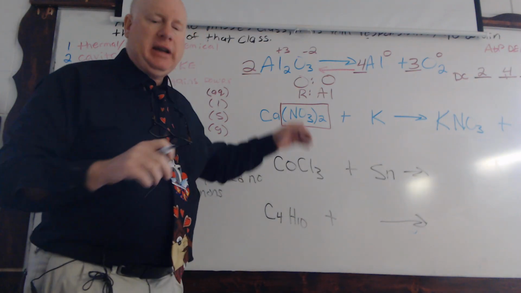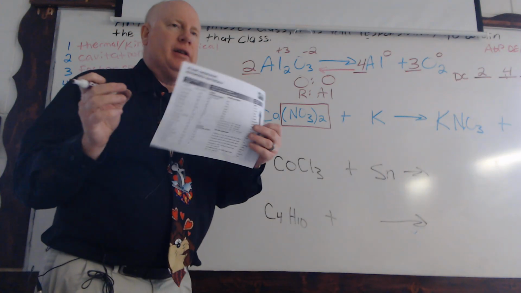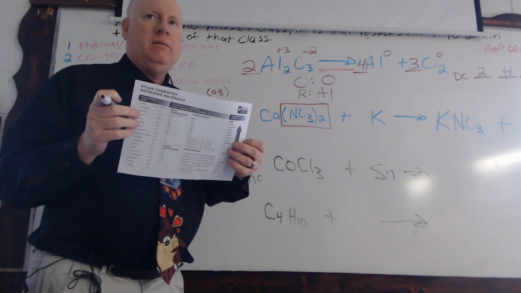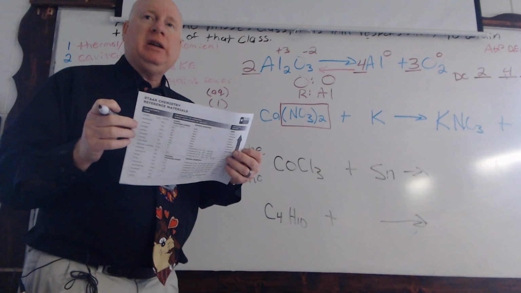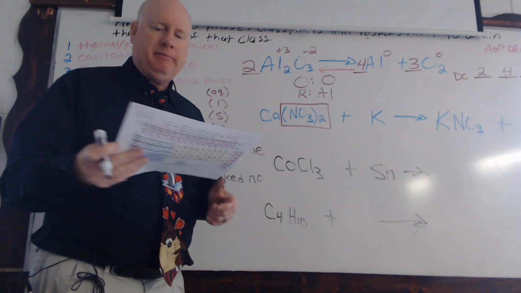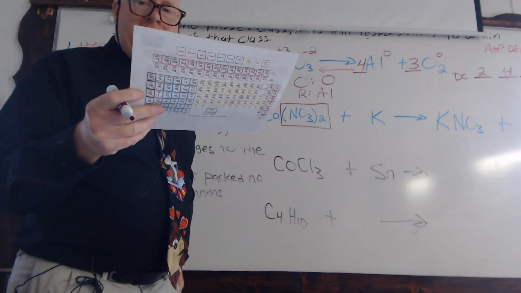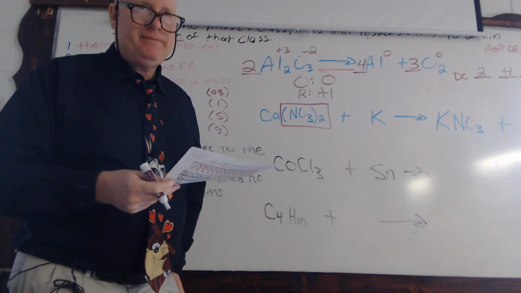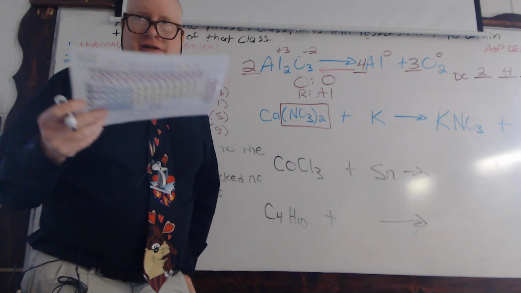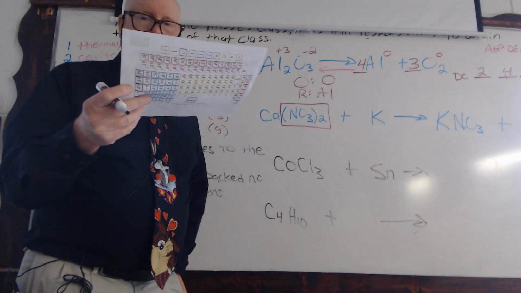So once we find calcium in our activity series, what else could we put besides potassium? You could use certainly lithium, barium, and that's it. Everything else is below that in the activity series.